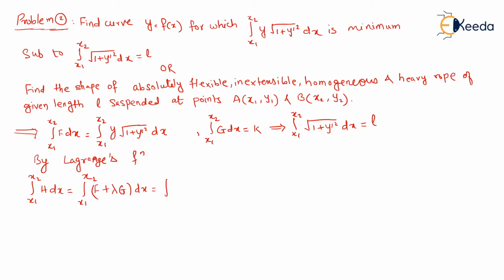See here, f is this, so that is y root of 1 plus y dash square plus lambda times g. G is this constraint, 1 plus y dash square, obviously in a square root, into dx. So this is the required functional whose extremal values are to be found.